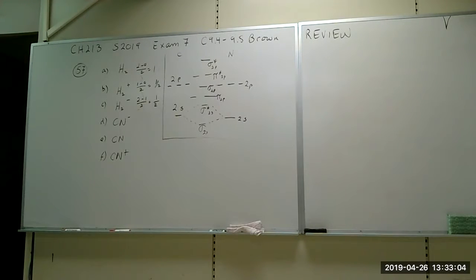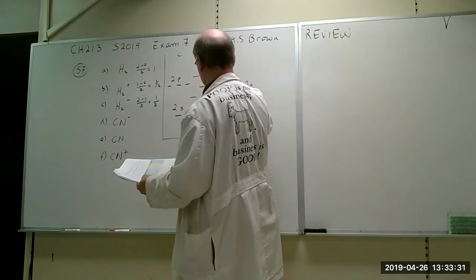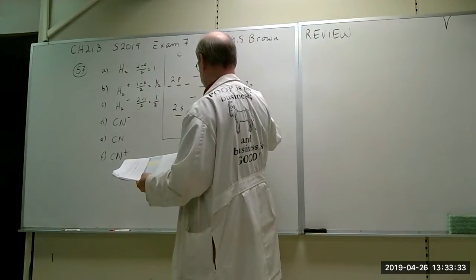No mixing means the pi and the pi star in the middle, and the sigma star on the outside. But when there's mixing, pi comes below the sigma. Since these diatomics experience mixing, then carbon and nitrogen together have to be mixed. So that's why we put this one down here rather than that one down here.